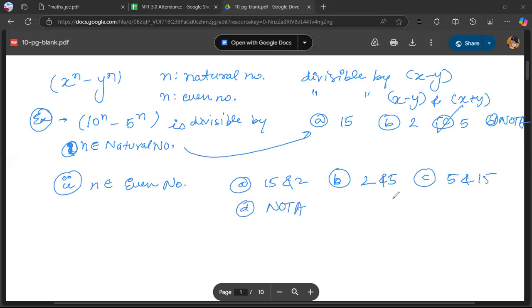So which answer is correct now? This is the same statement which we need to work with. Now we have to tell whether it is divisible by 15 and 2, 2 and 5, or 5 and 15, given that n here is an even number.